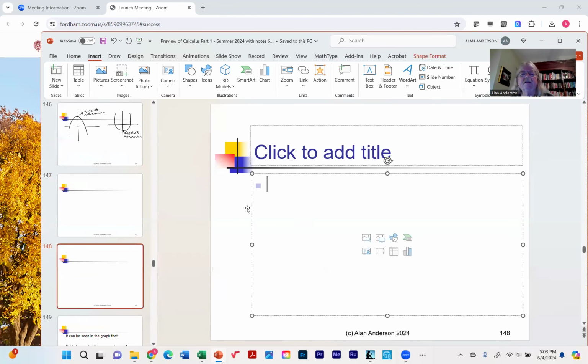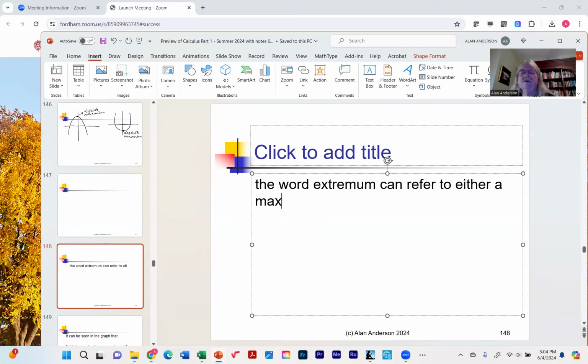First, I just want to mention that the word extremum can refer to either a maximum or a minimum. So an extremum means a point that's either larger or smaller than the other points.